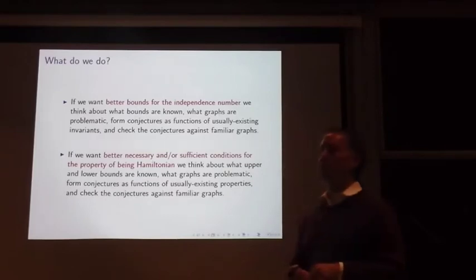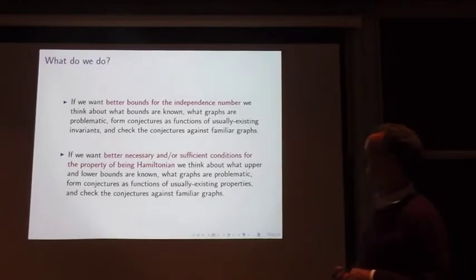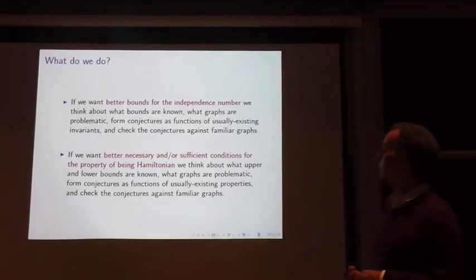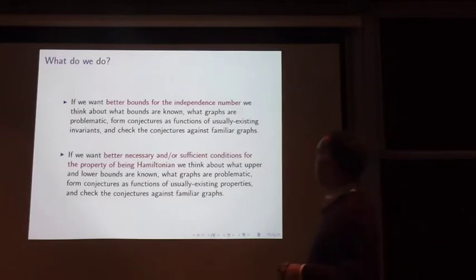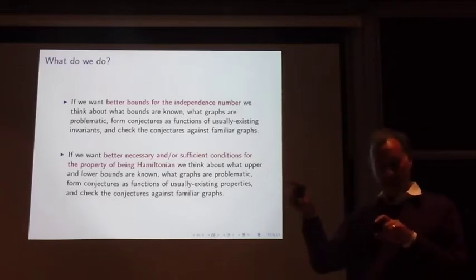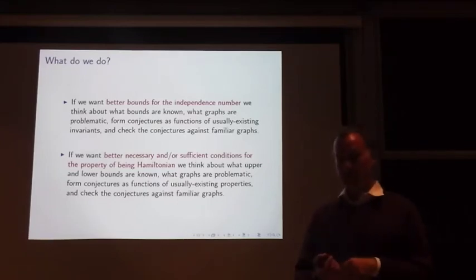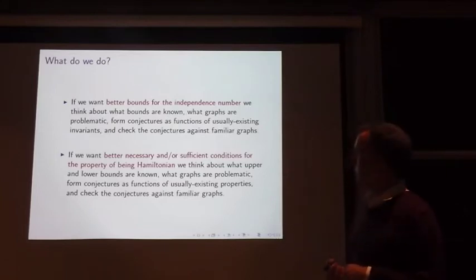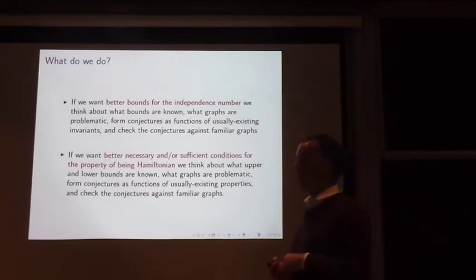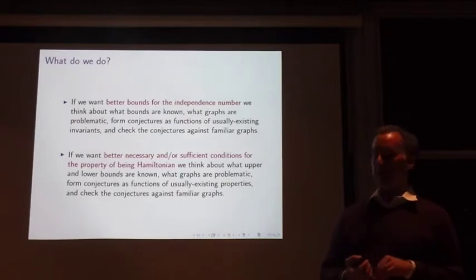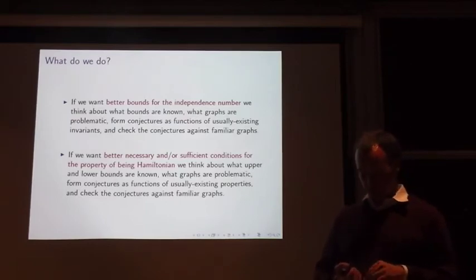For sure, the Petersen graph, whatever your favorite graphs are, and those bounds are typically functions of numbers associated to graphs that you already know, but maybe you'll create some new ones in your investigations. And similarly, if you're investigating Hamiltonicity, you might start by looking at what's known.